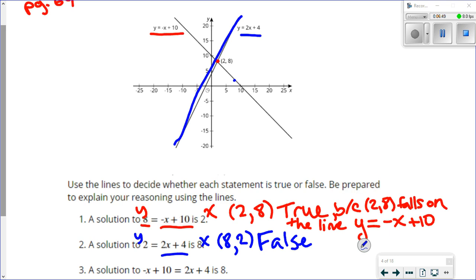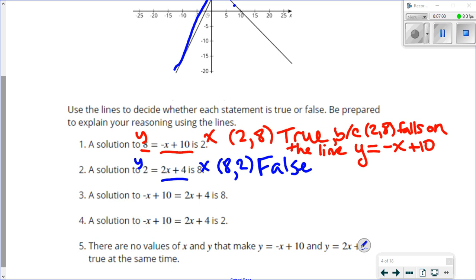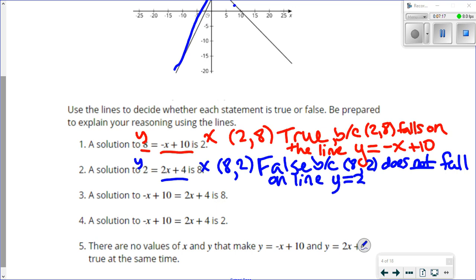And for the very same reason as above, because (8, 2) does not fall on the line y equals 2x plus 4. So we can add that in, false, because (8, 2) does not fall on the line of y equals 2x plus 4.